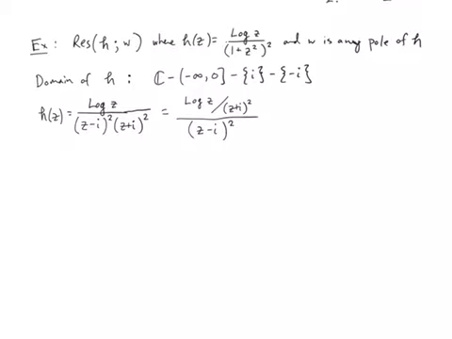Log makes sense at I and near I, and z plus I makes sense at I and near I, and is not 0. So that numerator is analytic near I. So we have an analytic function divided by some power of z minus I. That's the characteristic signature of a pole. And in fact, it's a pole of order 2, because log of I doesn't vanish. We'll come back to that.